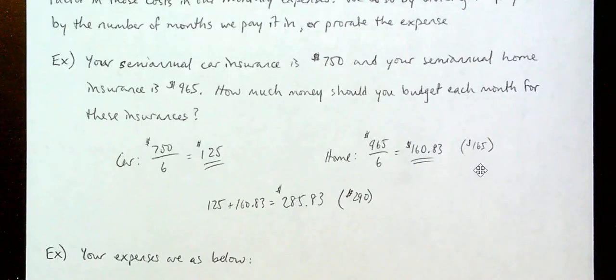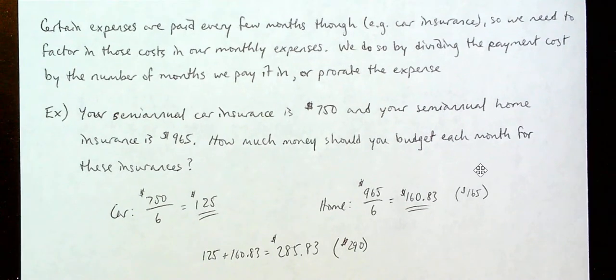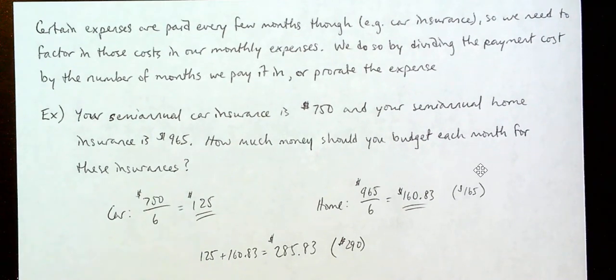So there we go. Just a quick sample problem on how do we prorate costs that come up only a certain number of times per year, not every month. As I said, every 3 months, every 6 months, or once per year.